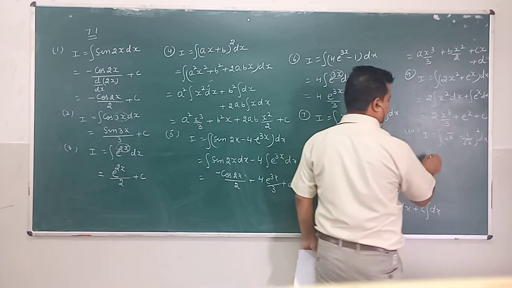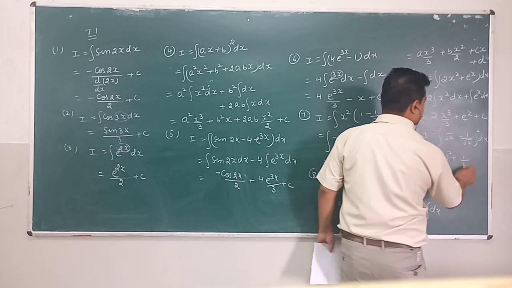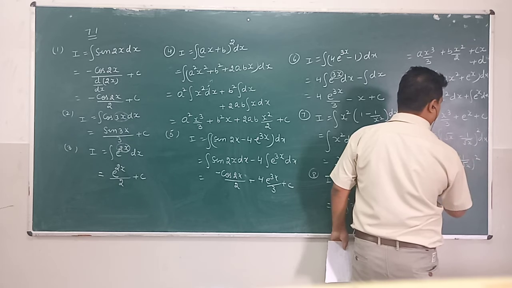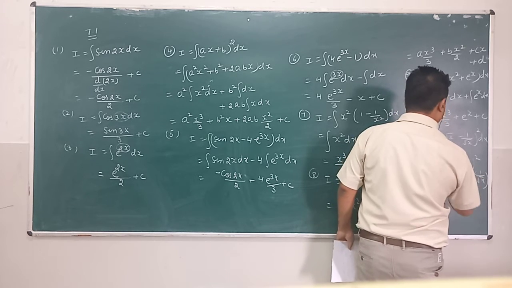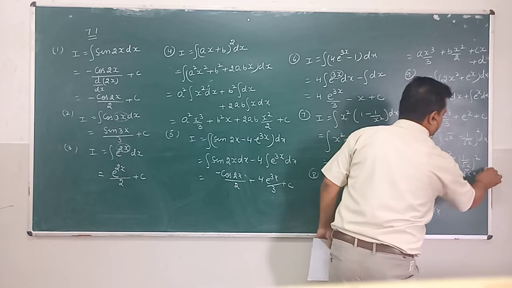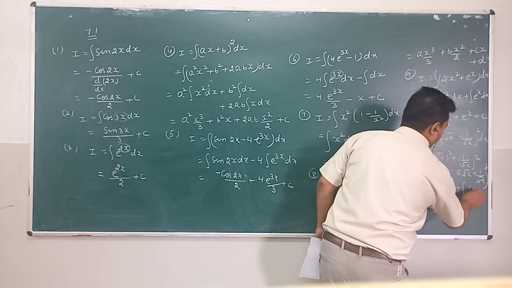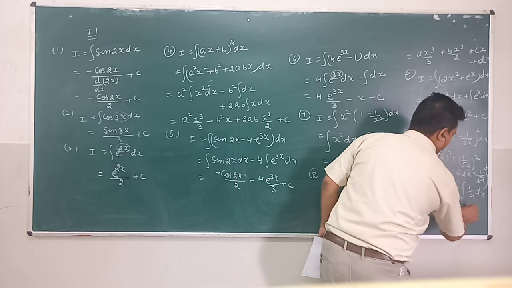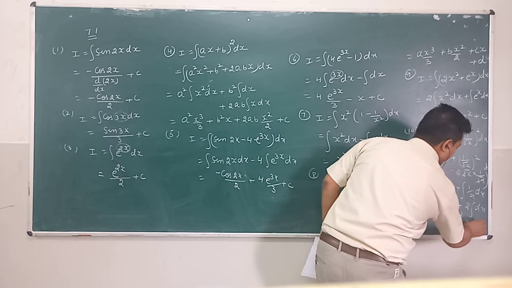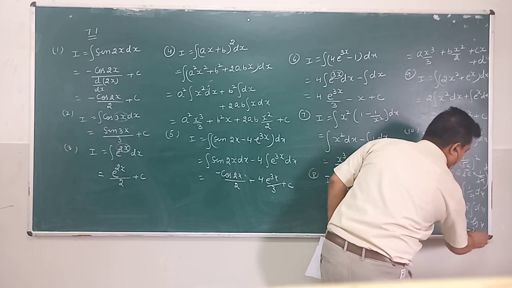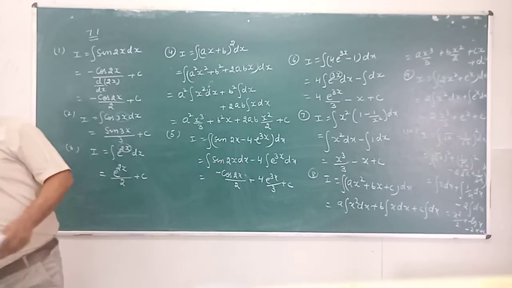When we open this identity, a square is root x square, plus b square, minus 2ab. So this cancels out. This is x dx plus 1 by x dx minus 2 dx. So its integration is x square upon 2 plus log x minus 2x plus c. This is the integral of this question.